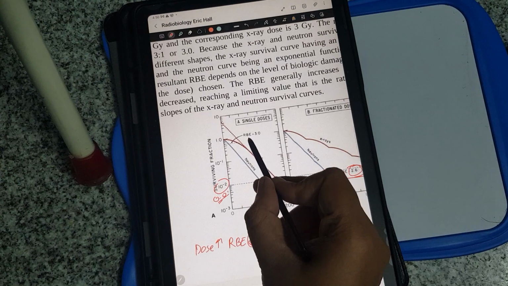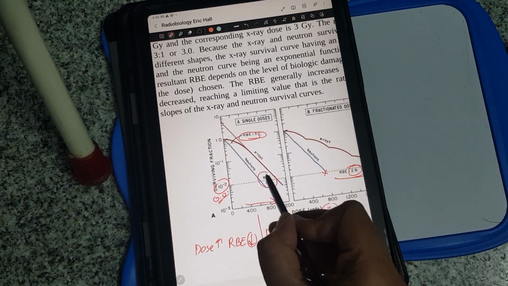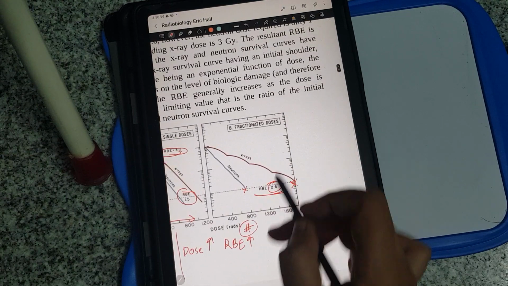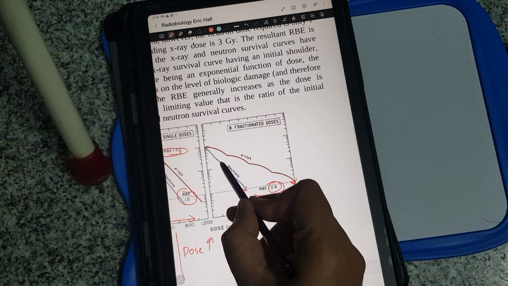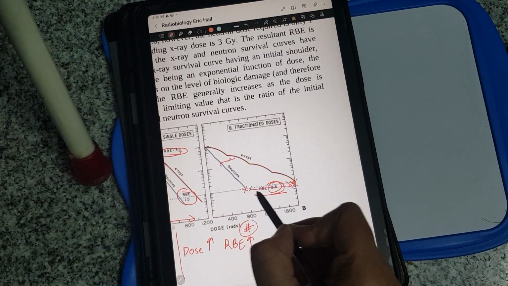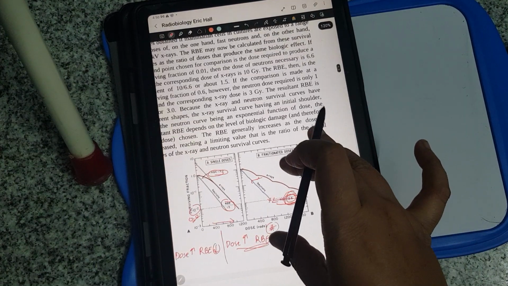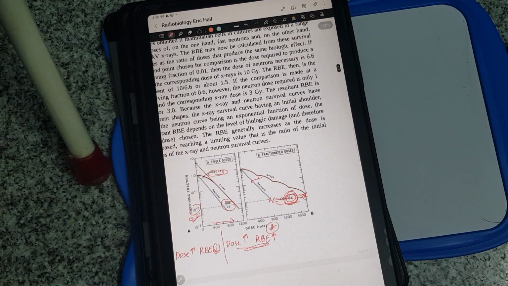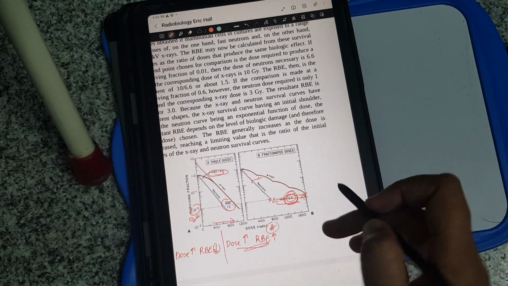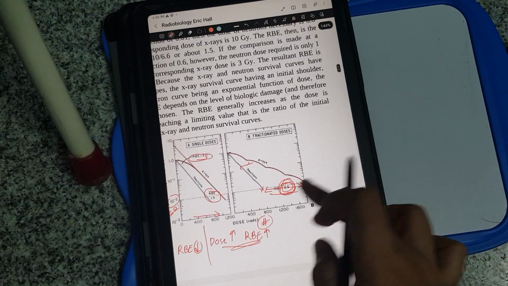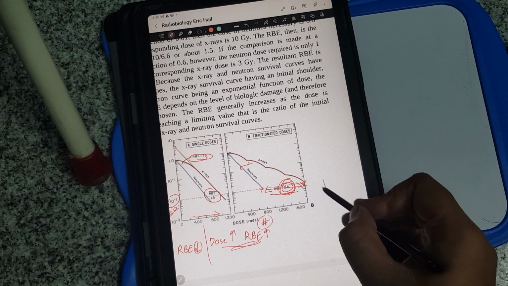You can see the RBE was more here, it was 3, and as you increase the dose, the RBE decreased, right? So in fractionated dose, as you increase the dose, you can see the difference over here, it was less and here it is more. So basically what we are trying to tell is the net result is that the neutrons become progressively more efficient than the X-rays as the dose per fraction is reduced.